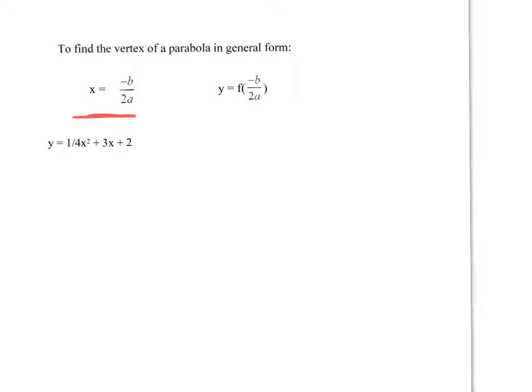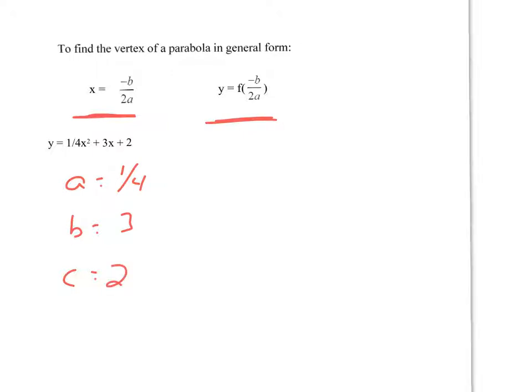That's going to give us our x coordinate, and once you've got that x, we plug that into our function to get our y. So if we have the equation y equals 1/4 x squared plus 3x plus 2, a, of course, is equal to 1/4, b is equal to 3, and c is equal to 2.